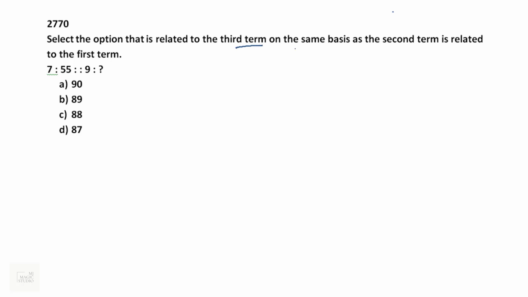Select the option that is related to the third term on the same basis as the second term is related to the first. We have 7 which is related to 55, then how 9 is related to some number. Whenever we have these kind of analogies, try to build up some variability. 7 into 8 minus 1 can give 55.